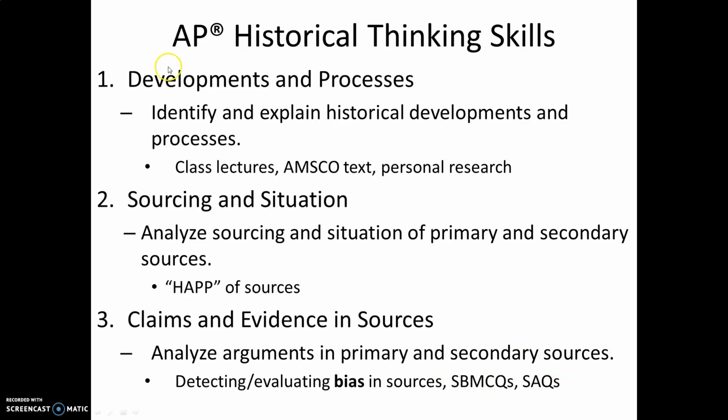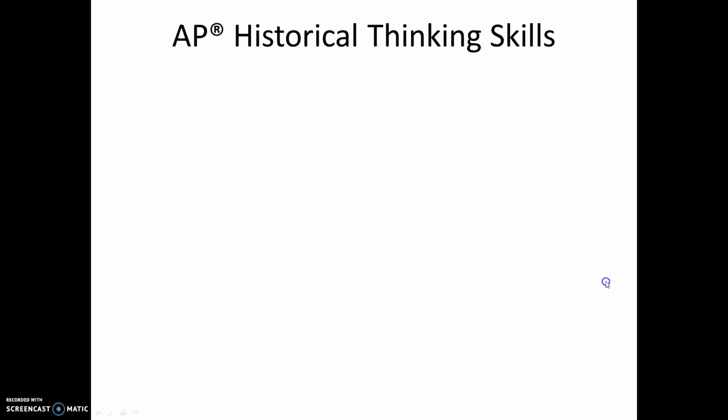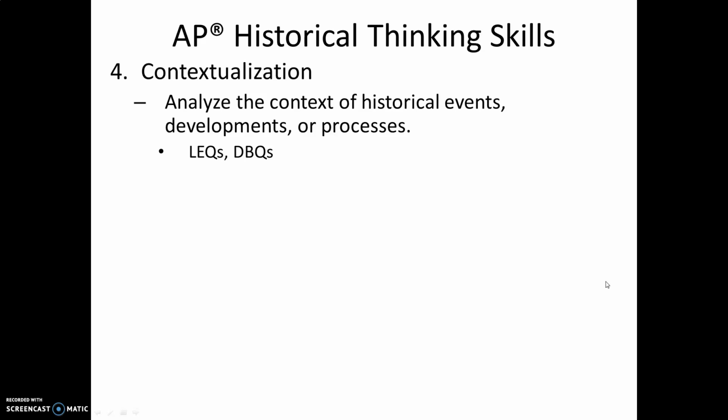So that's skill 3. So far, we're learning the actual material, we're analyzing the past, and then we're analyzing the arguments that were made in the past. Skill 4, contextualization. Analyze the context of historical events, developments, or processes. This is mainly for LEQs and DBQs, although it might show up on some of the multiple choice questions.